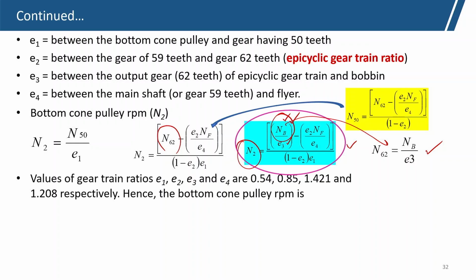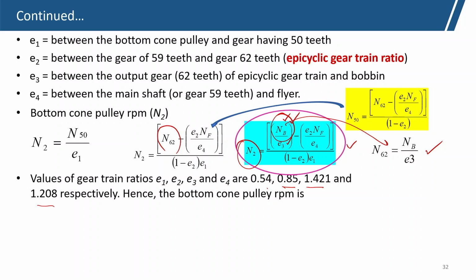Now, values of gear train ratio E1, E2, E3, E4 are 0.54, 0.85, 1.421 and 1.208 respectively. Hence, the bottom cone pulley RPM can be calculated.